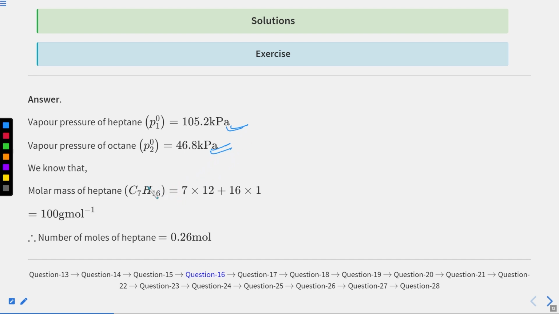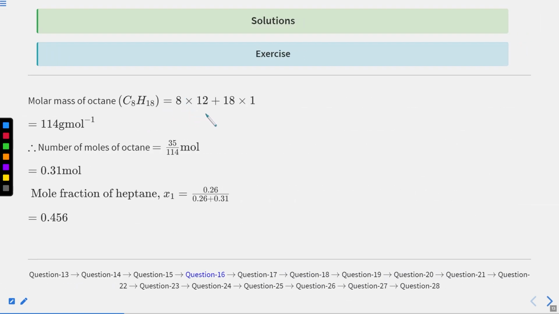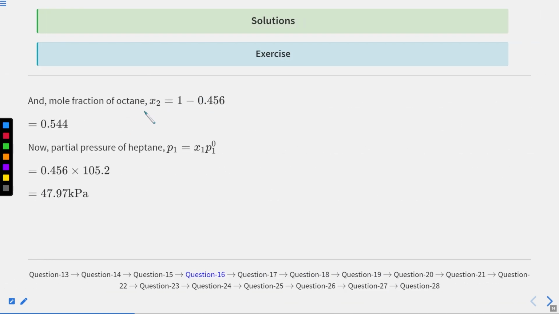It is given. Now we'll calculate the molar mass of heptane. Therefore, the number of moles of heptane will be given mass by molar mass, and the molar mass of octane is this much. So the number of moles of octane is this. Therefore, the mole fraction x1 will be this, and the mole fraction of octane will be this.